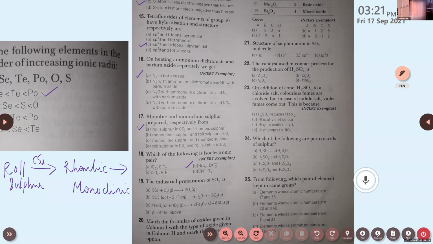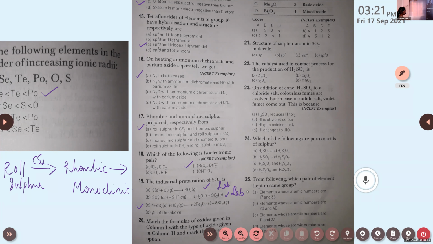So which one is the industrial preparation of sulfur dioxide? Page number 193. Here you can see the different methods of preparation. From these options, you can tell me which is the industrial preparation of sulfur dioxide, SO2. Option C, right. What about option A? That is a laboratory method, right? Actually, these two are laboratory methods.